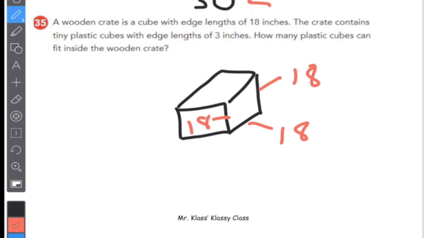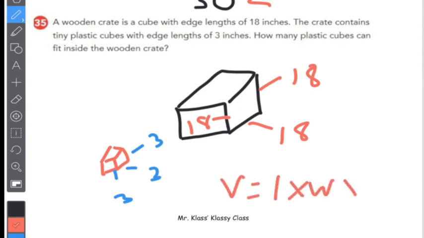The crate contains tiny plastic cubes with edge lengths of 3 inches. So we have little ones in there. I'm just going to draw a real small one. And each side length here is 3. Okay, so we're dealing with volume now. And if you remember, volume is basically length times width times height.